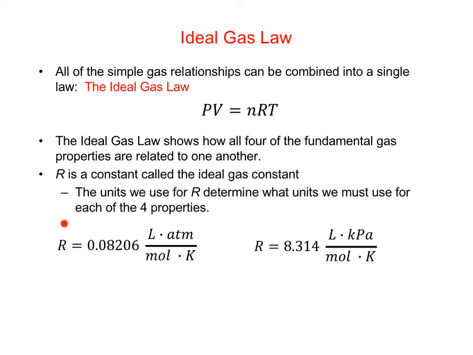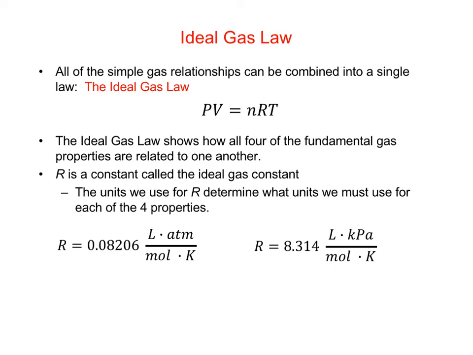The most common one, and the one that I'll always use in this course, is given here, where if I use the volume in liters, the pressure in atmospheres, the moles in moles, and the temperature in Kelvin, then R has this numerical value. If I just change from atmospheres to kilopascals, but leave everything else the same, the numerical value of R changes. It's the same constant. The number just changes to account for the different units that we use.